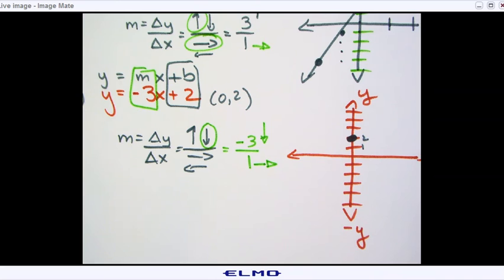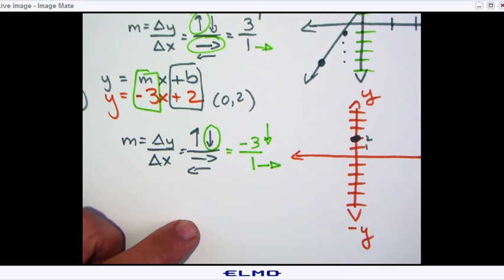All right. So now we're going to go ahead and go how many down? 3. And then to the right 1. All right, 3 and 1. You guys ready? Come on, guys. Here we go.